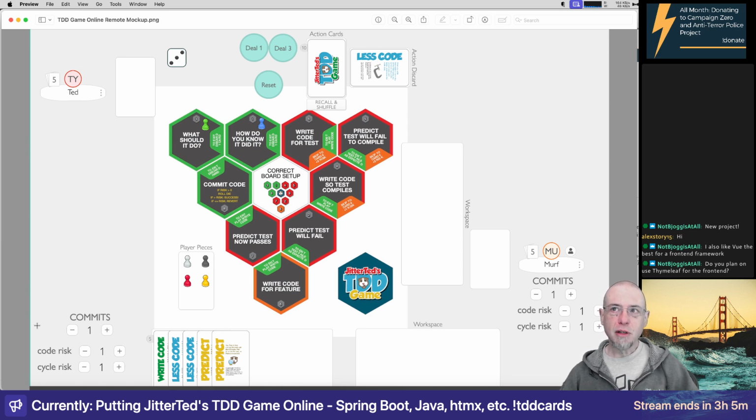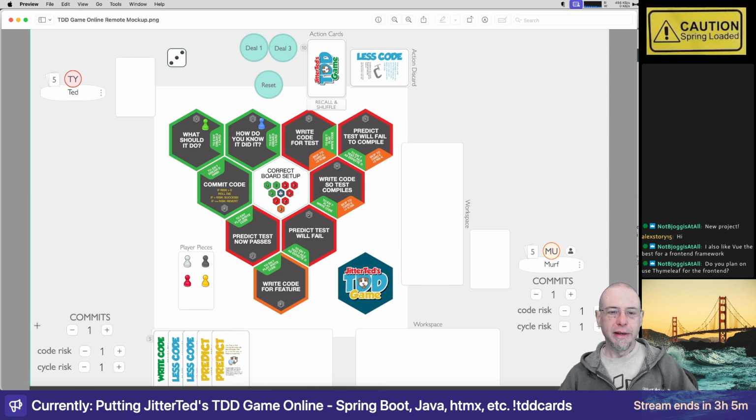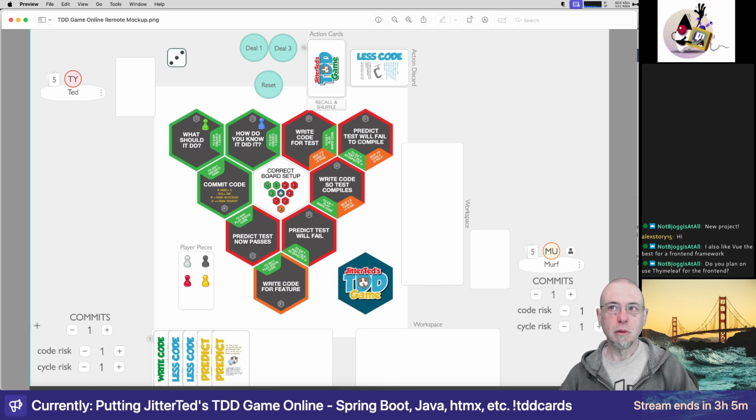From a structural standpoint, there's kind of two ways I could do this. One is, here are the elements: a deck that's shuffled, another deck that's shuffled, a workspace that can hold cards, player pieces, and things like that. And then in terms of enforcing the rules, I can leave that up to the players. The advantage of that is that's less work for me.